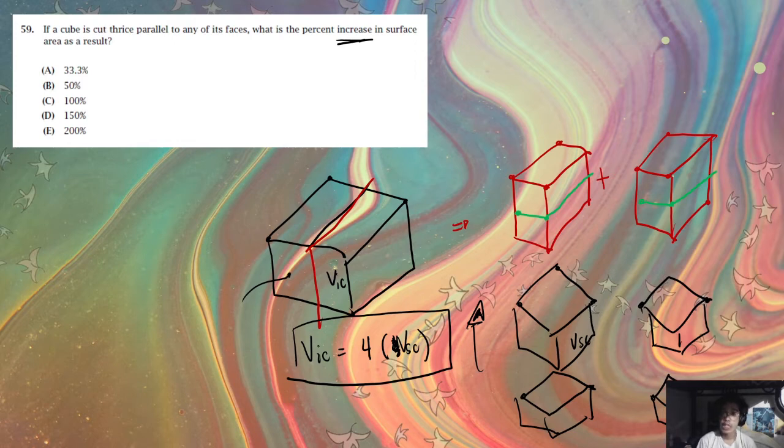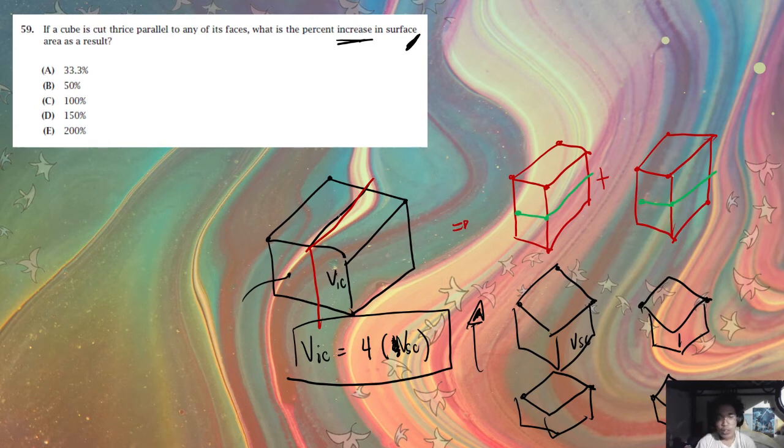The question is, how much more gift wrappers are you gonna use after dividing this cube into four congruent parts? The volume is still the same, but the amount of gift wrappers you will use would be quite different. So what's gonna be the percent increase on that?